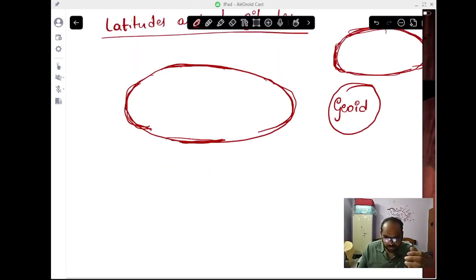Since there are many places on Earth, it is very difficult for us to locate each and every one of them. Scientists, or we say geographers, invented latitudes and longitudes as points of reference.